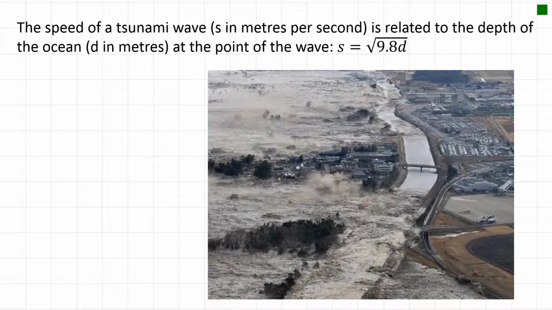The speed of a tsunami wave, S in meters per second, is related to the depth of the ocean, D in meters, at the point of the wave.